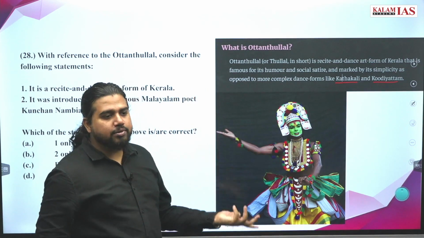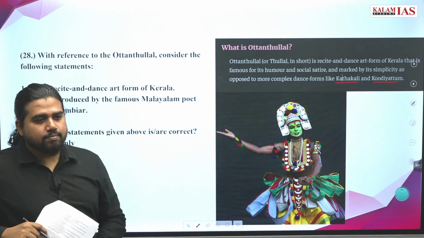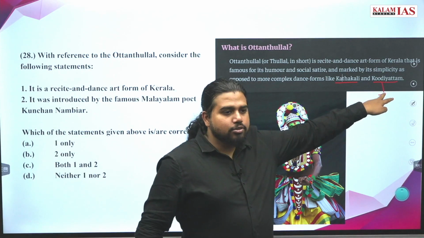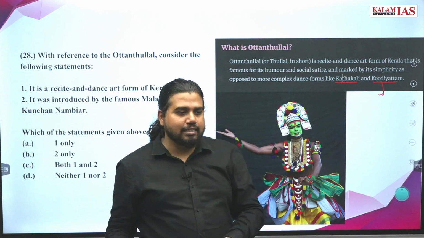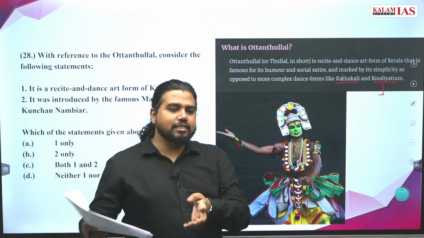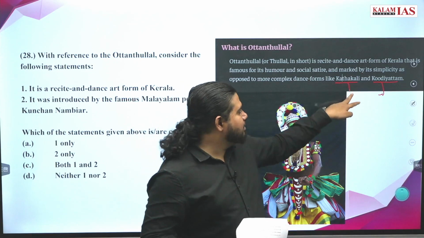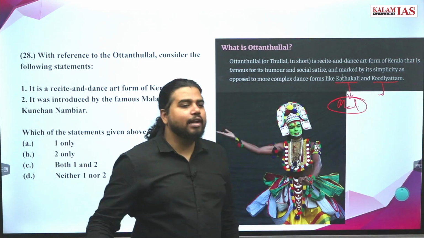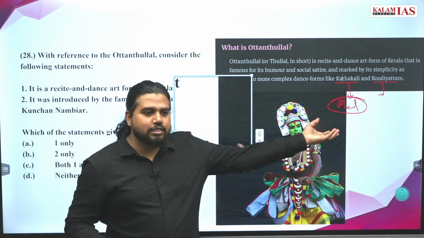And what is the difference between these three? Kudiyattam is a Sanskrit drama. So the language used will be mostly Sanskrit and the themes will be Sanskrit based. In Kathakali, the song is basically in Malayalam, or a mixed Malayalam plus Sanskrit language is used.